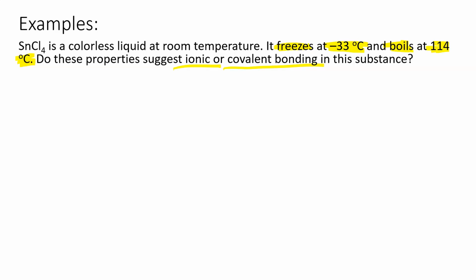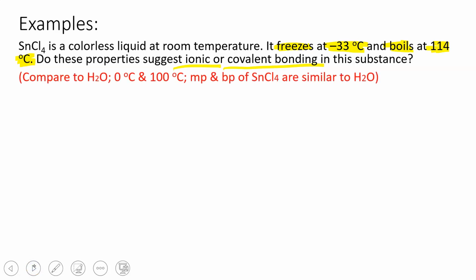So that sounds like it's probably going to be covalent, but let's go through it step by step. You compare it to water. Water has a melting point of 0 degrees Celsius and a boiling point of 100 degrees Celsius.